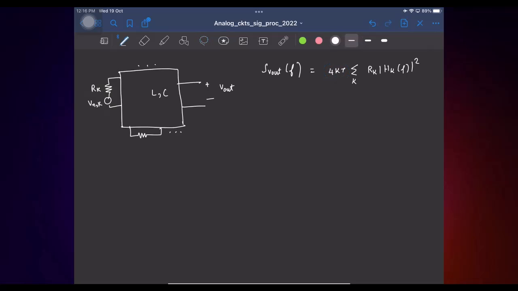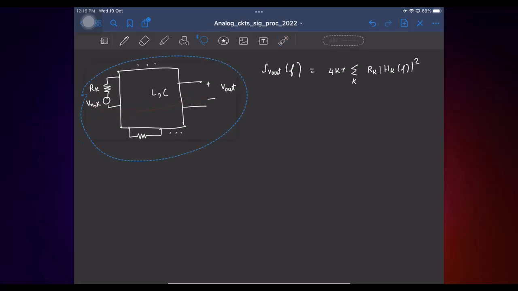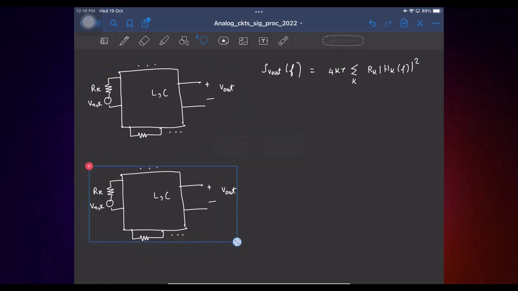But now we have a new weapon in our armory, which is reciprocity. We know that instead of finding this transfer function by applying a voltage here and measuring the voltage, we could do something else. So what do I do to the sources here?